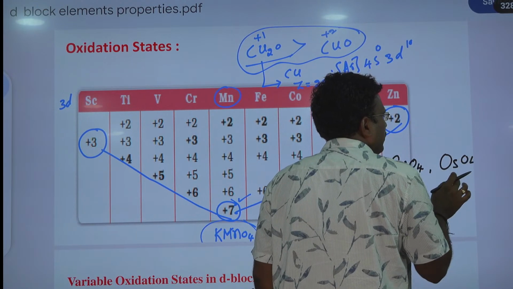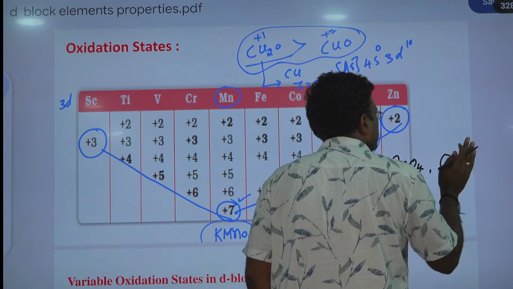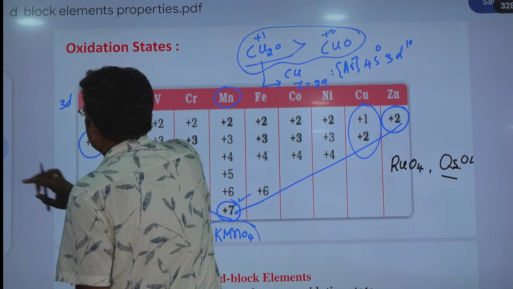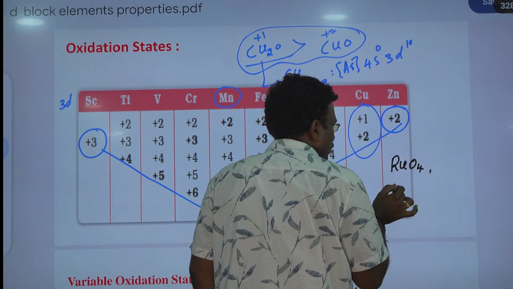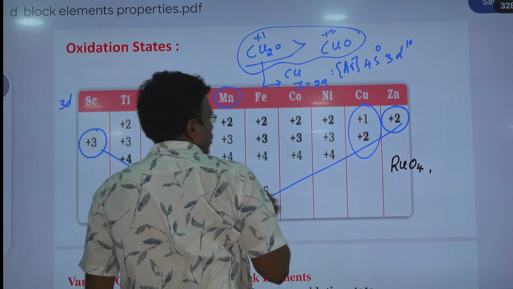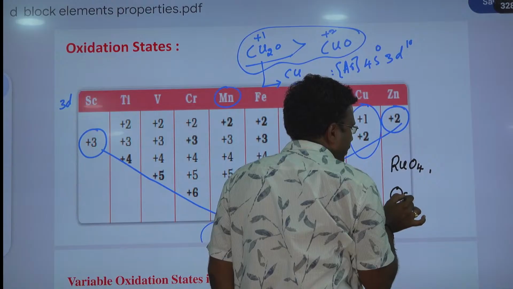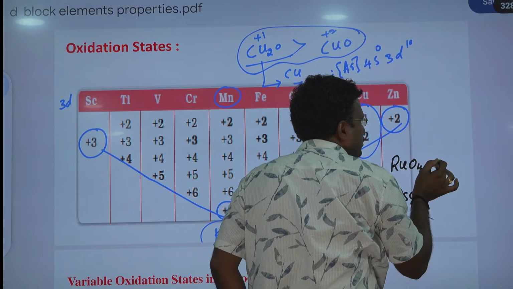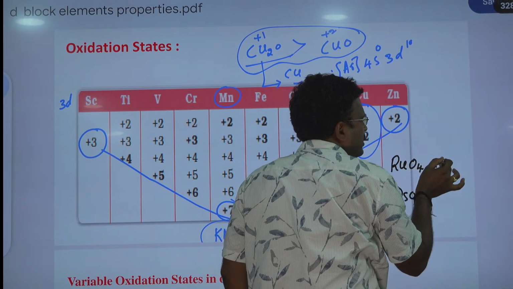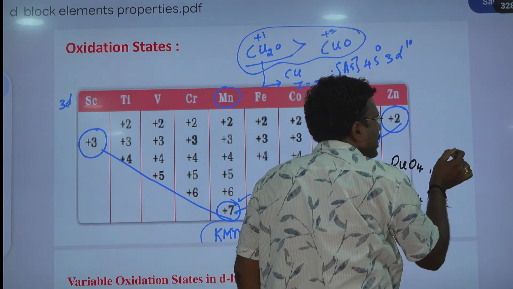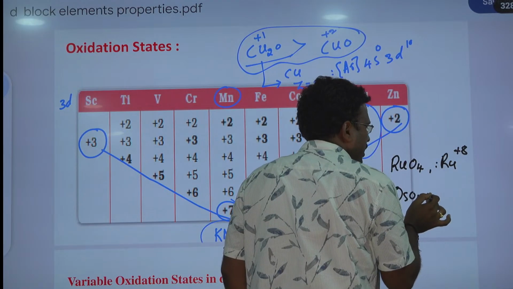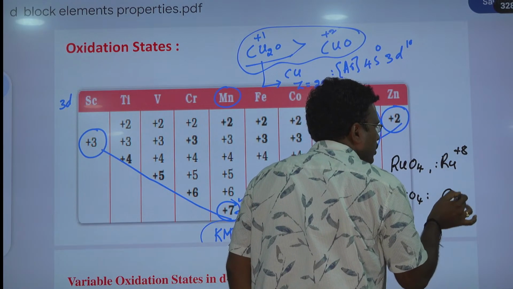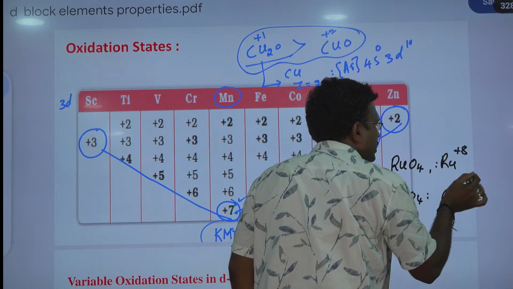These two oxides show the highest oxidation state in the periodic table. Very, very important. Here oxygen is always -2, that's why the ruthenium oxidation state is +8. Similarly, osmium is also observed in the +8 oxidation state.